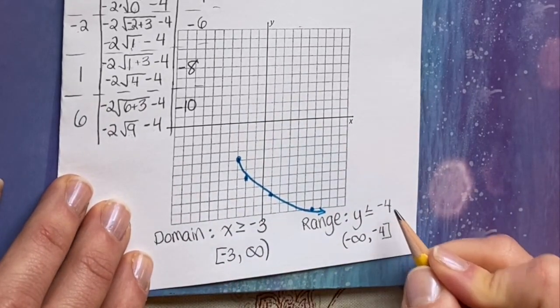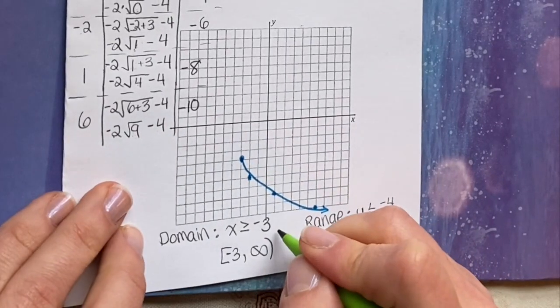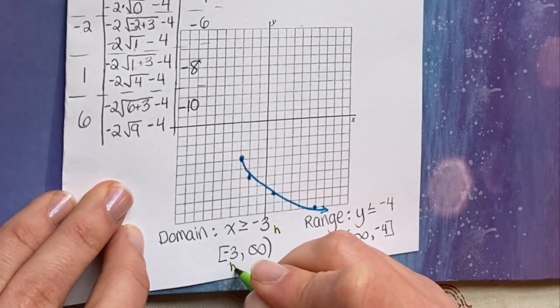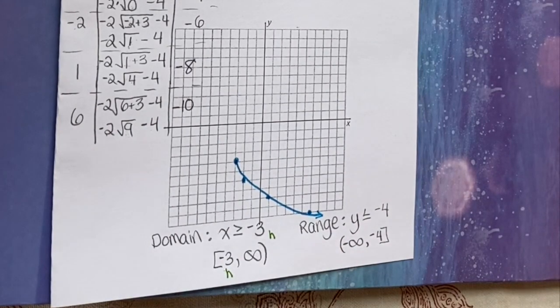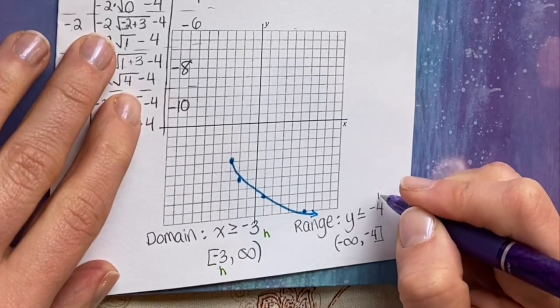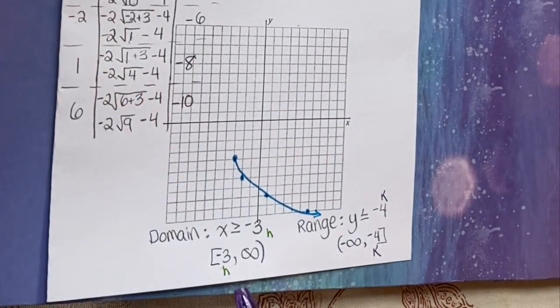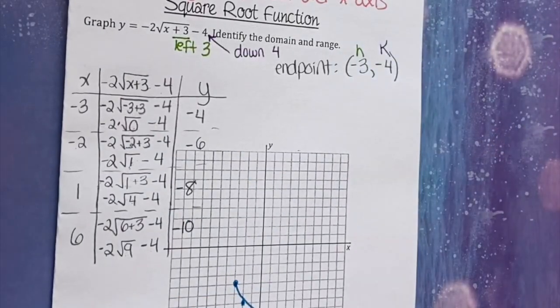Again, these numbers should match your h value and respectively your k value. So these two numbers should match up with your endpoint.